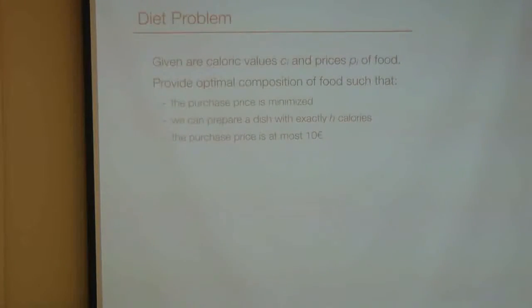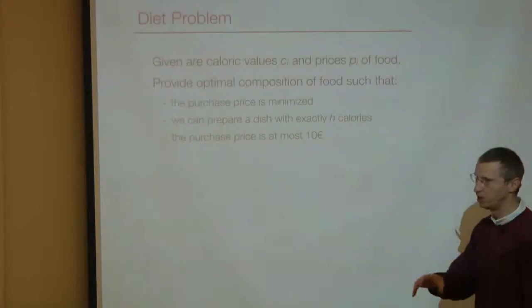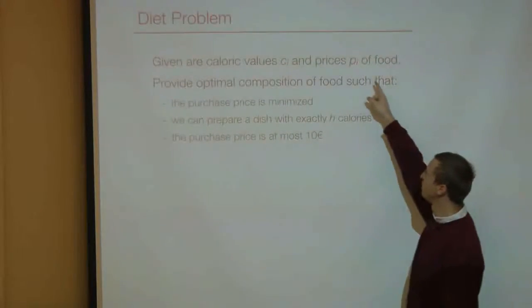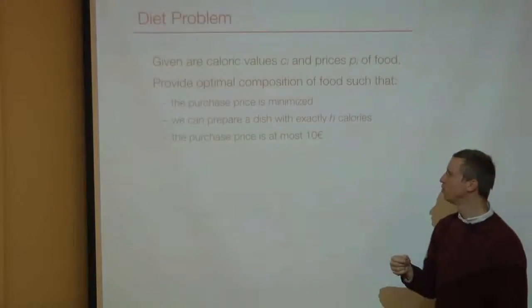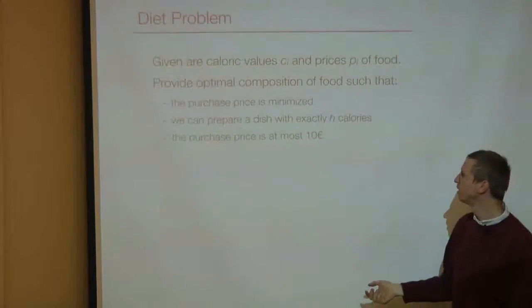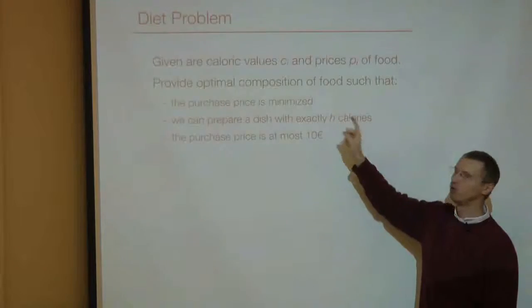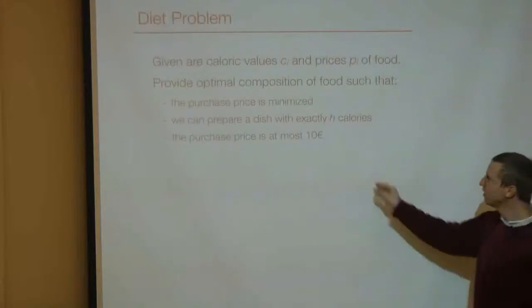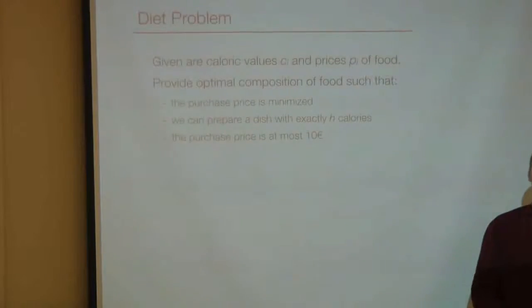Another very general type of problem is called the diet problem. Essentially, you would like to cook a very good dinner from some predefined food. Each food has its price and some caloric value. You would like to save as much money as possible. However, you must prepare a food which has exactly 8 calories, and you don't want to spend more than 10 euro for that.